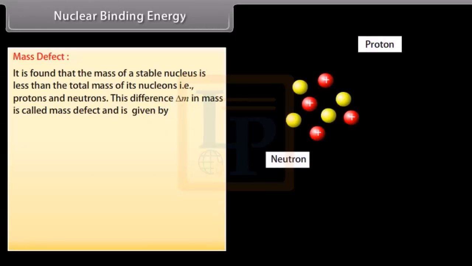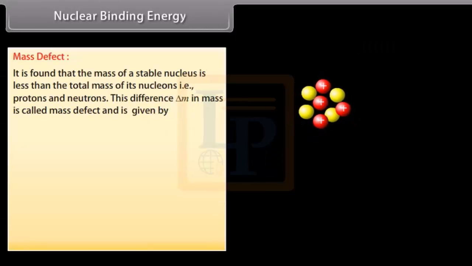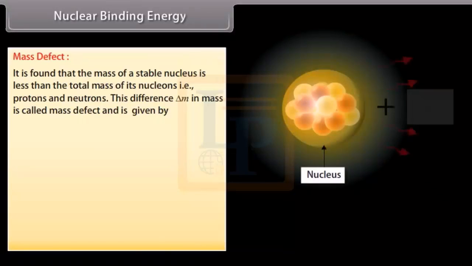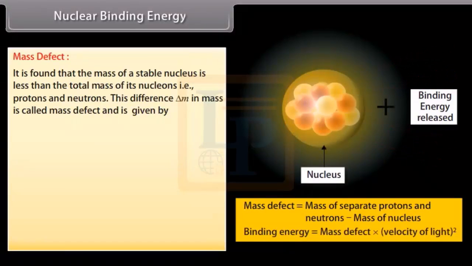Nuclear binding energy. Mass defect. It is found that the mass of a stable nucleus is less than the total mass of its nucleons, that is protons and neutrons.